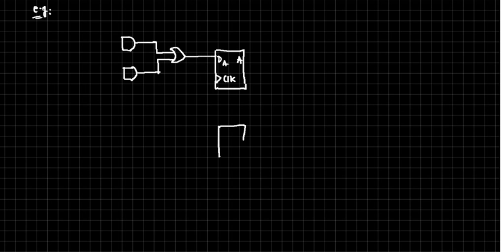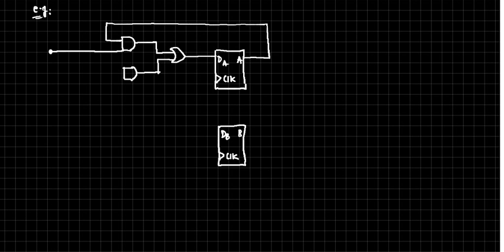Draw the circuit with D flip-flops, DA and DB, and the clock.